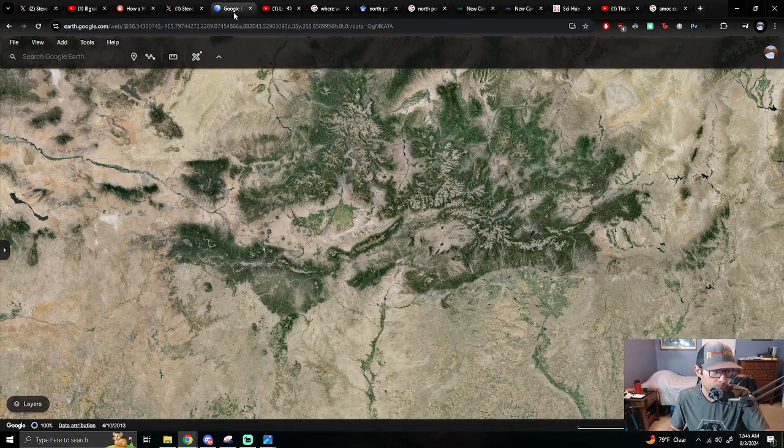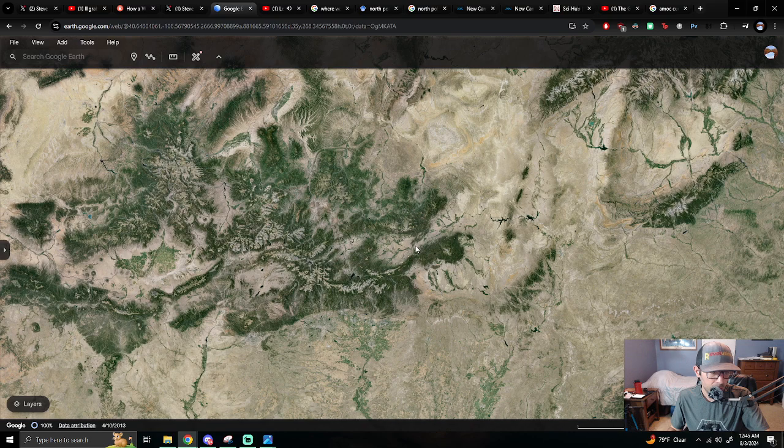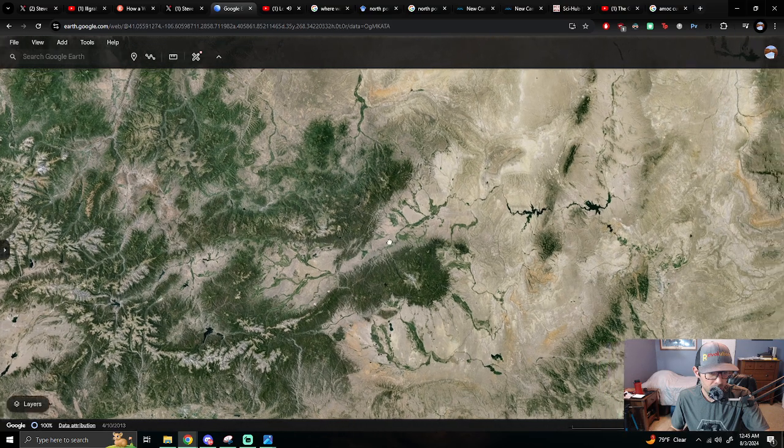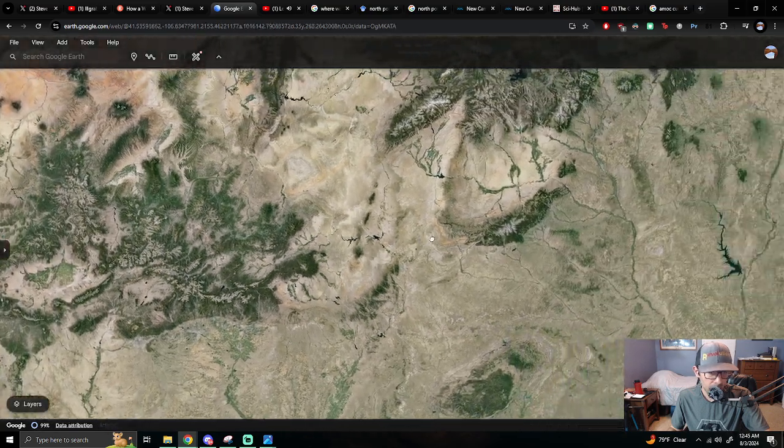So if we go back, the one that goes along this boundary, and goes generally over here along this boundary, it's really going back this way.